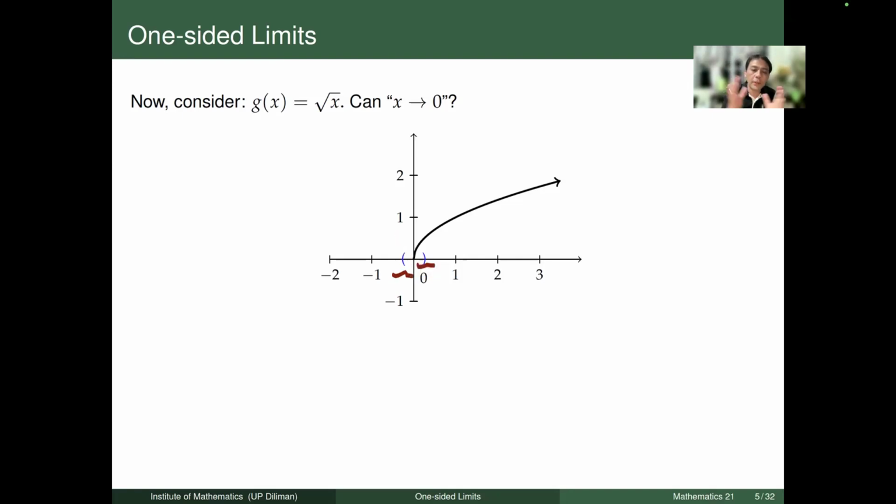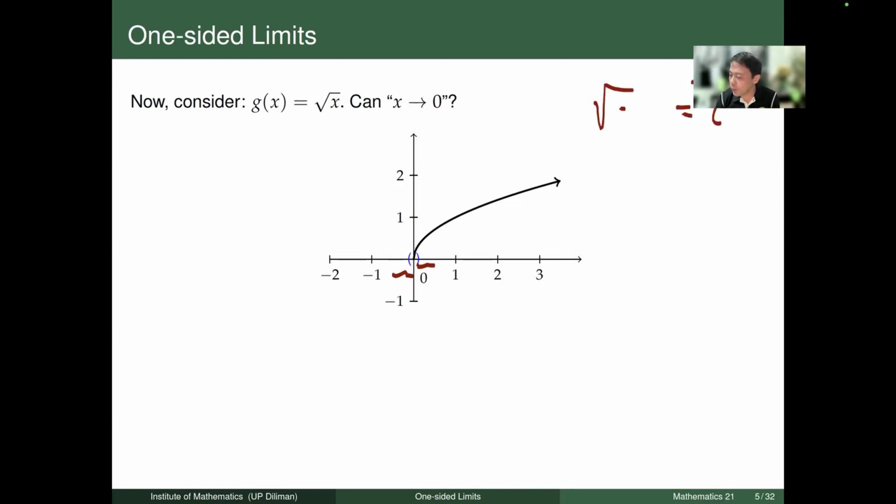However, when x is less than 0, you don't have any point on the graph here, right? And so no matter how small your interval about 0 is, or how close x is to 0, you cannot find values of x less than 0 for which you have a value for g of x, because then you will have the square root of negative numbers, and that will be an imaginary number.